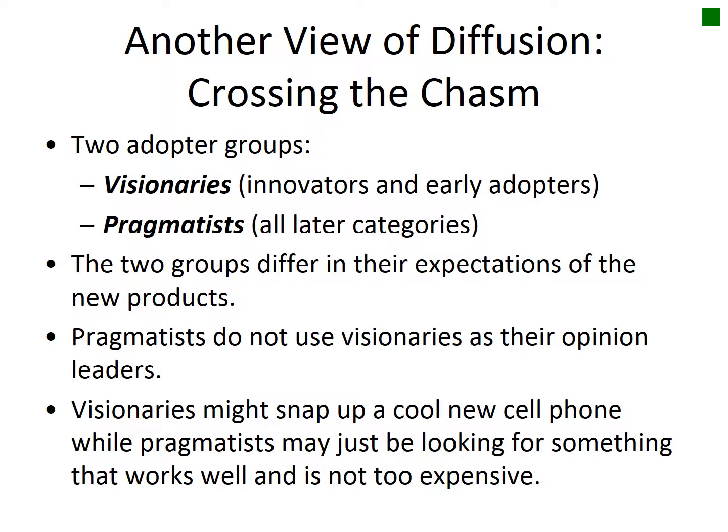Visionaries may snap up a cool cell phone, for instance, while the pragmatists may just be looking for something that works well but isn't too expensive. They're not going to jump in on a fad that may or may not pan out over time. They'll be very risk averse.